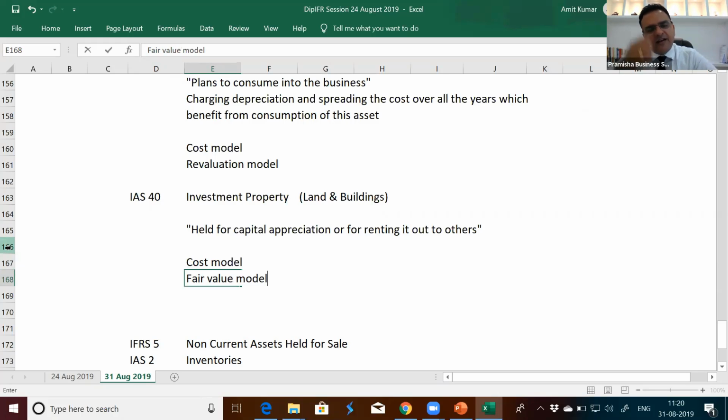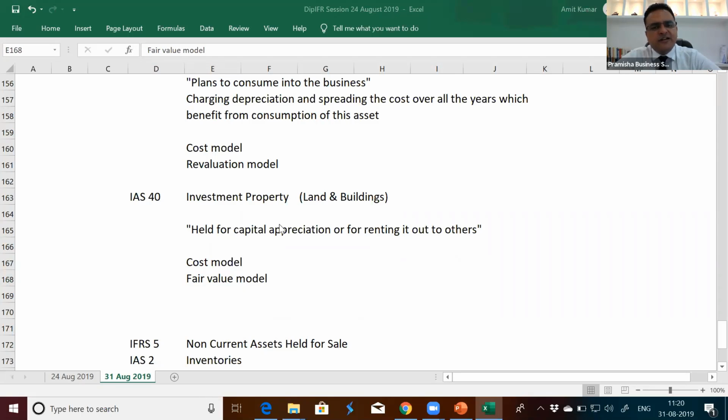In India, in IndAS 40, we have only one model. Can you guess which model is applicable in India? IS 40 has two models, cost model and fair value model. We have only the cost model.